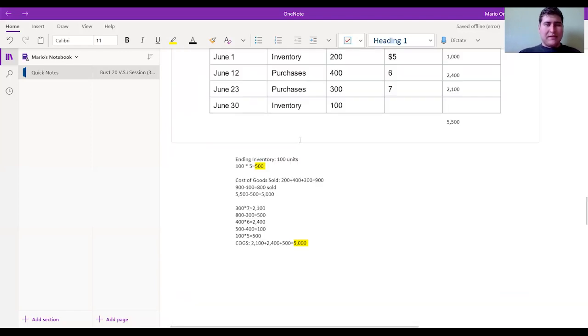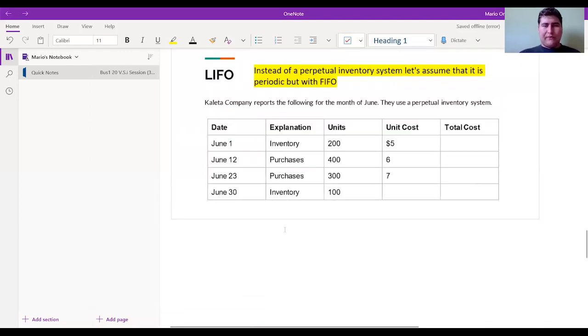It's the same one as this one, but instead of LIFO, we're using FIFO. I want you to give me the ending inventory and the cost of goods sold.